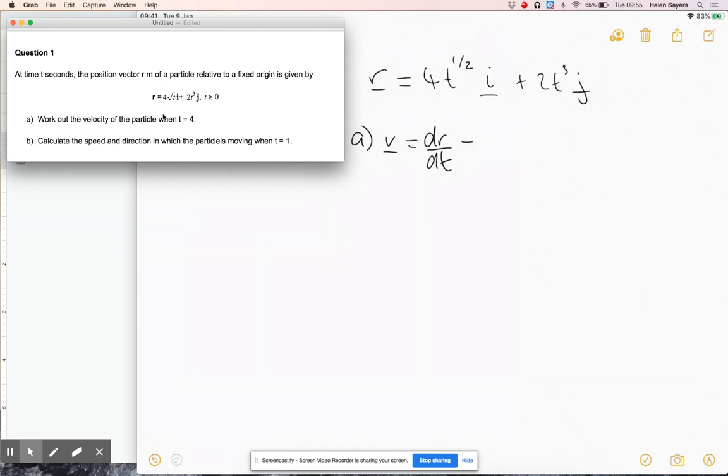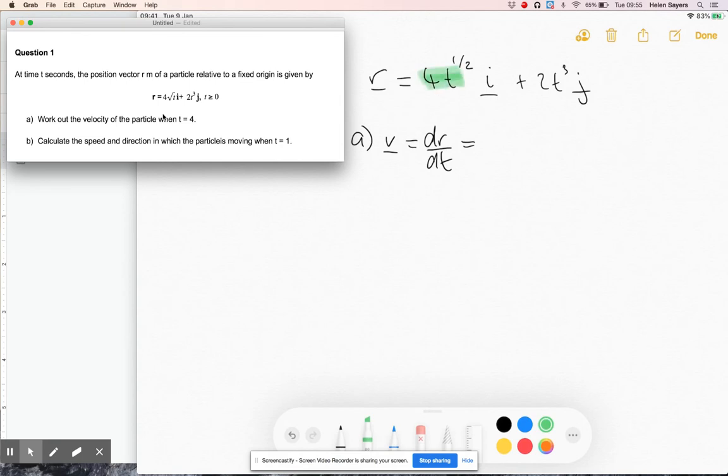And the other thing is that you can just differentiate the i vector and the j vector separately. Okay, so as long as you're happy with that, then this is relatively straightforward.